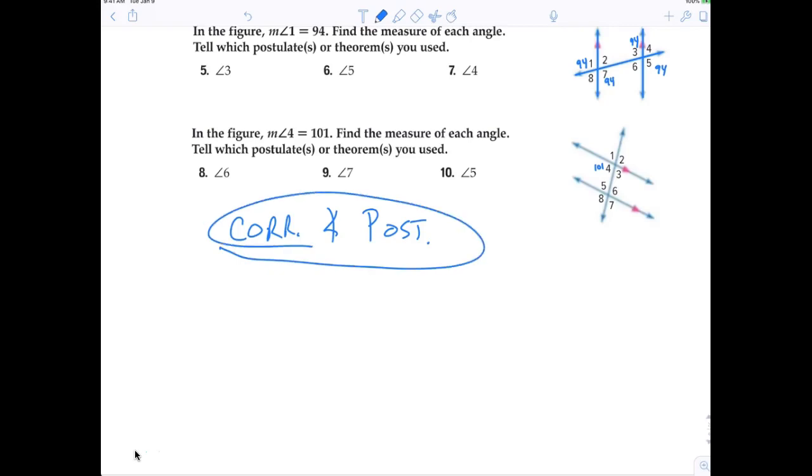We just have to accept it as true. But then when we proved the alternate interior angle theorem or the alternate exterior angle theorem, we were able to prove it using the corresponding angle postulate.